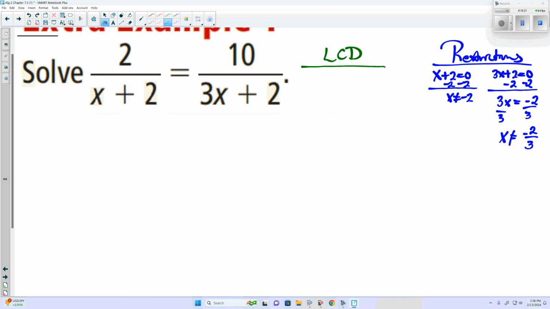Least common denominator. Well, the two spots that we have, x plus 2, 3x plus 2, neither one of these is factorable in any way, shape, or form. So our least common denominator would be x plus 2 times 3x plus 2.